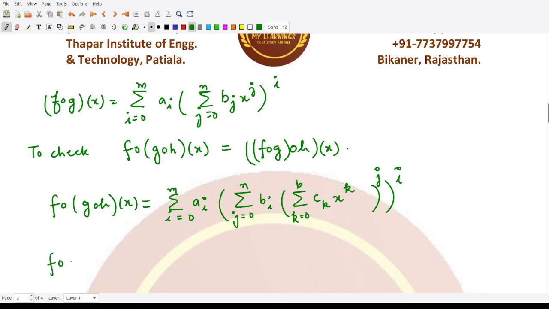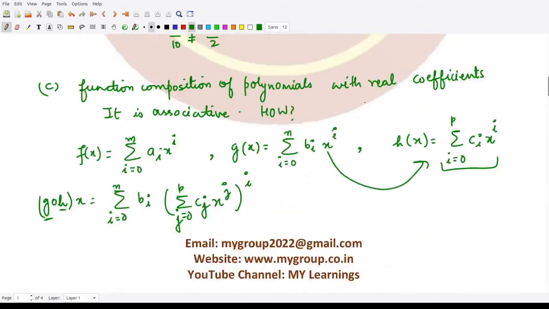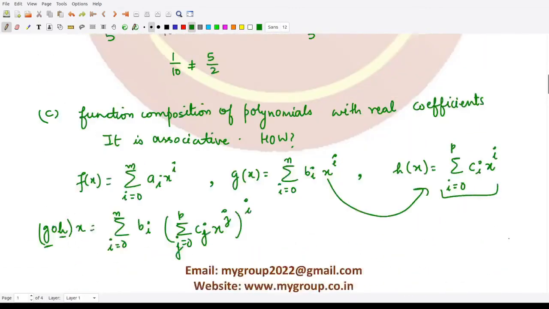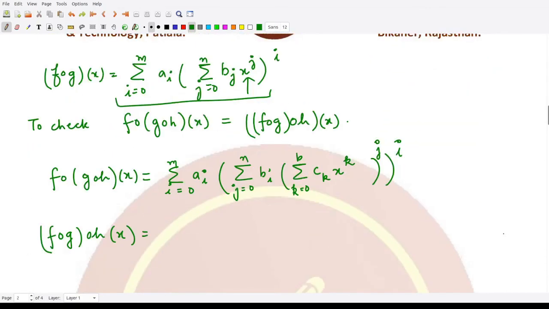Now we want to calculate (f o g) o h of x. Within this expression, we have to write the value of x as that of h. So we write the summation i varying from 0 to m of a_i, this whole thing, the summation j varying from 0 to n of b_j.